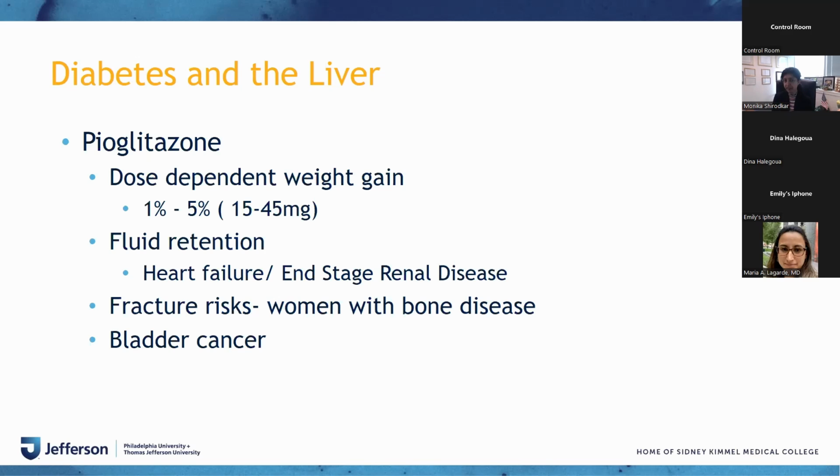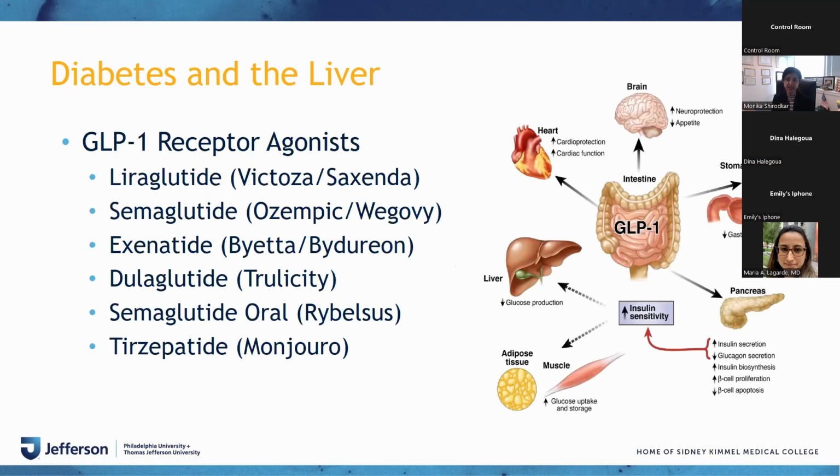And also bladder cancer, once again, conflicting data on the risks of bladder cancer that may develop with the use of Actos at the highest dose, 45 milligrams. So we tend not to use in anyone that has a history of bladder cancer or obviously has active bladder cancer. So those are some of the side effects that prevent its use in the sort of day-to-day setting.